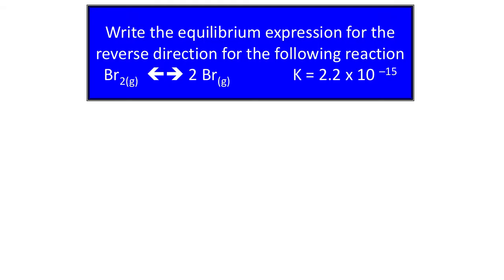All right, so now we just have some examples here. We want to write the equilibrium expression and then figure out the value too. So if this is the reaction they gave us, and then they want it for the reverse. So the reverse would be 2Br gas goes to Br2.